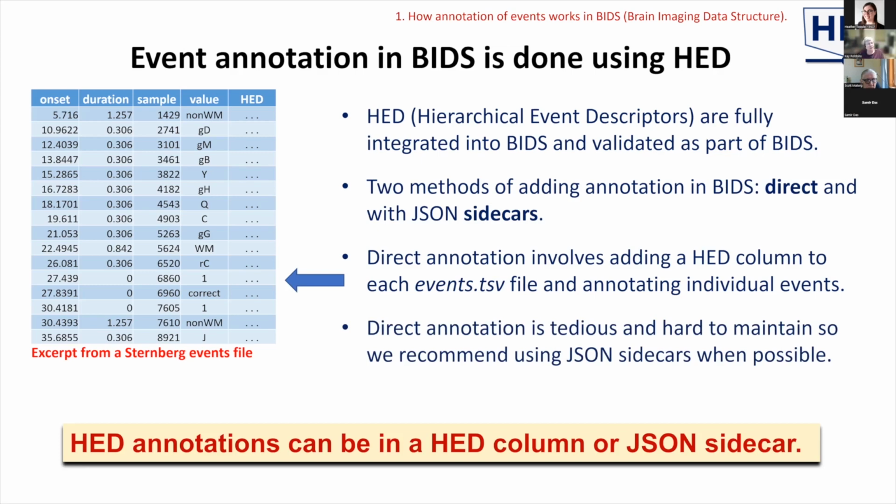Think about those event files with 20,000 events in them. If you want to change an event or make sure that the annotations are consistent, you have to write a bunch of scripts, which are unpleasant at the least and probably wrong at the worst. But luckily, there's a lot easier way to do that, and that is with JSON sidecars.